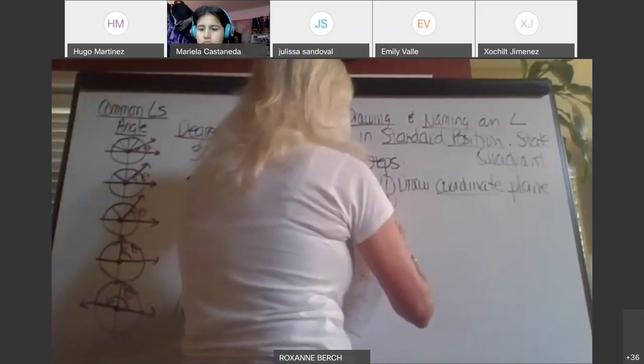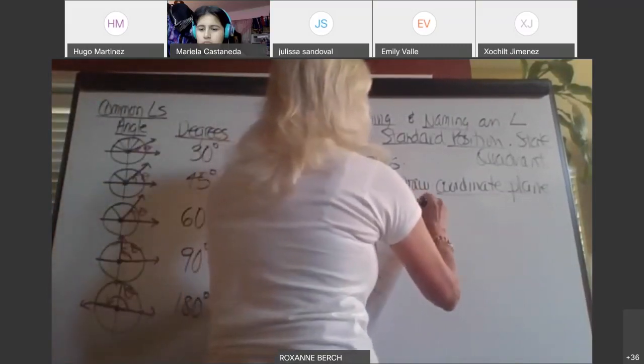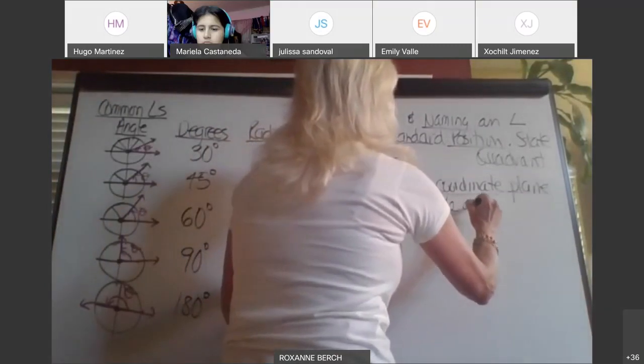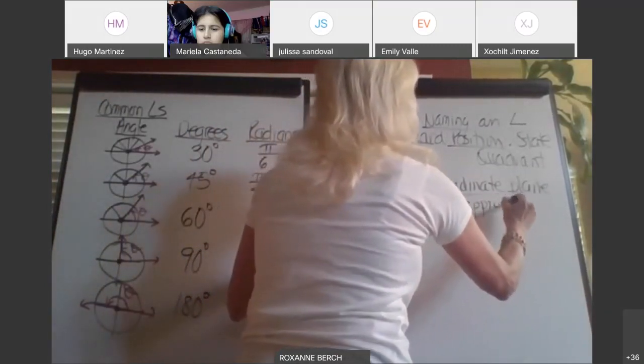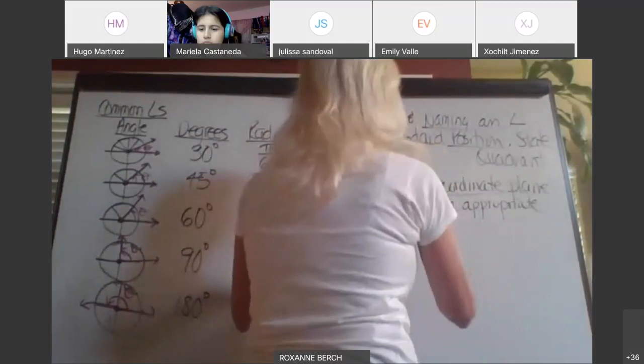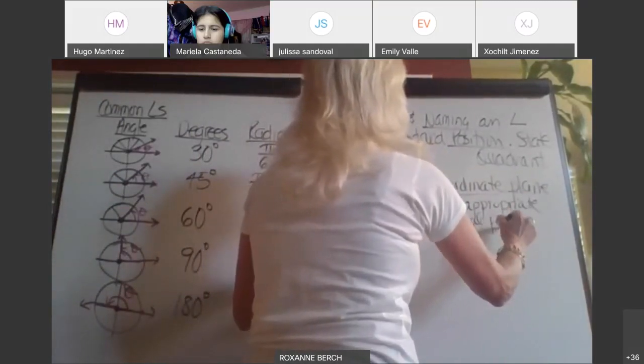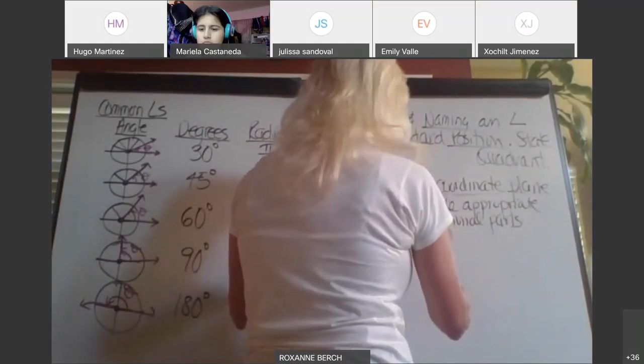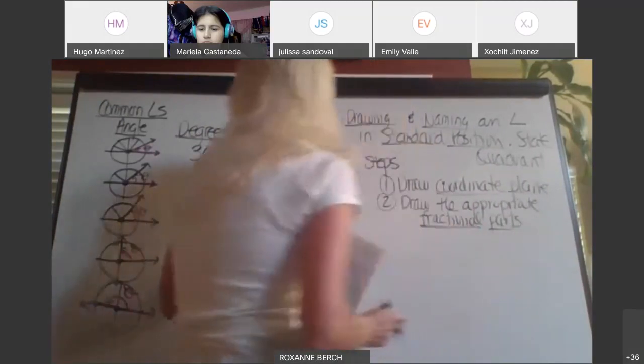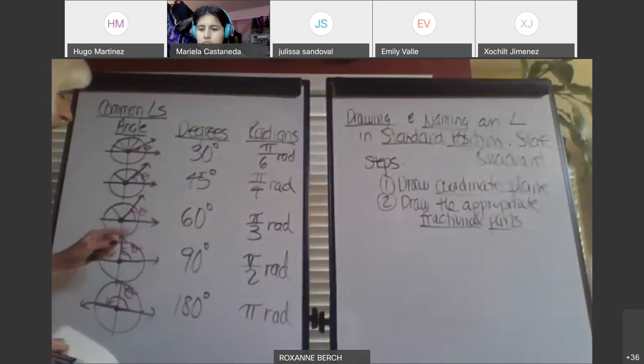The second thing you're going to do is draw the appropriate fractional parts. So just like you saw me do here, you saw me divide pi into equal parts.